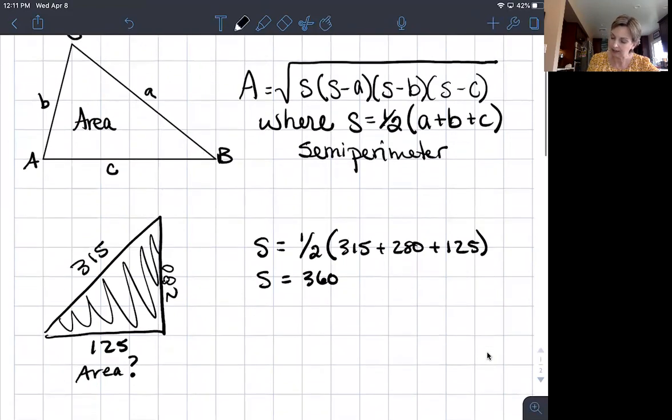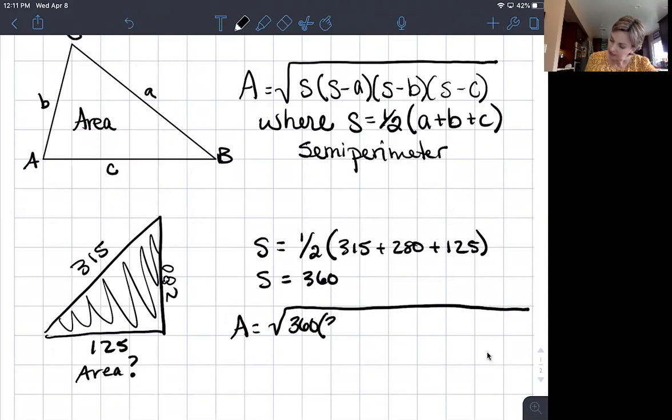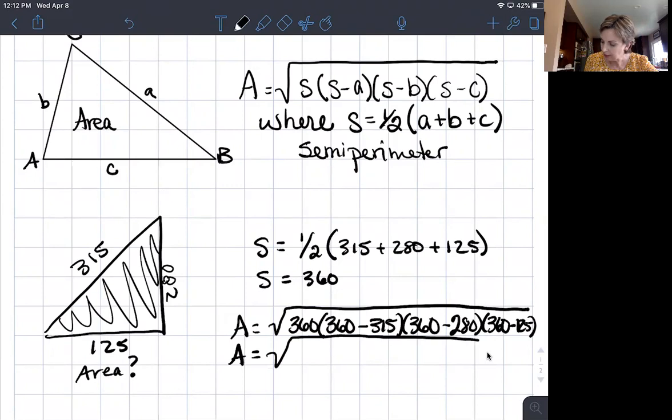Now that I have that, I can just plug it into Heron's formula. Heron's formula is the semi-perimeter times the semi-perimeter minus side A, which can be any of the three, say 315, times 360 minus B, times the semi-perimeter minus the third side. You can simplify that a little bit before we plug it into our calculator.